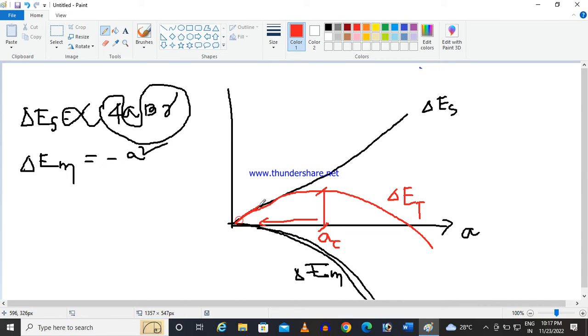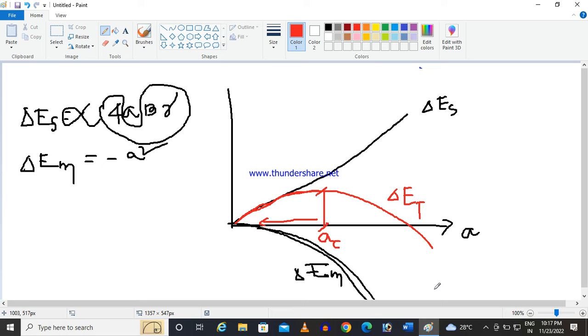The total energy is getting increased. Correct? That means it is stored in the structure, like it is getting pre-stressed, like the spring action.